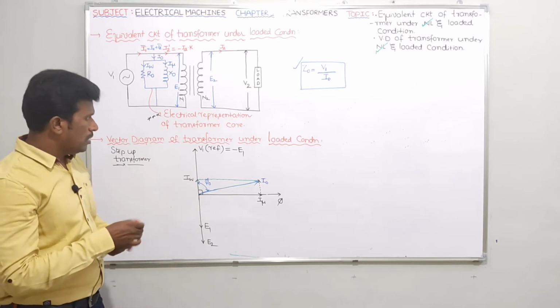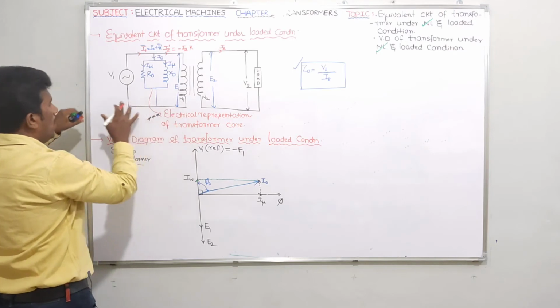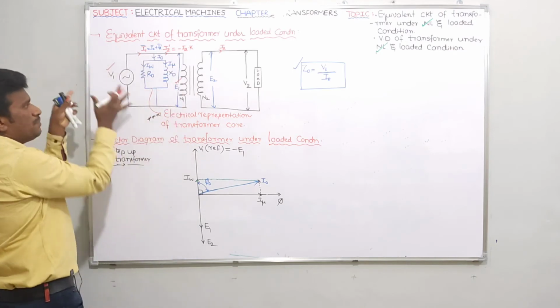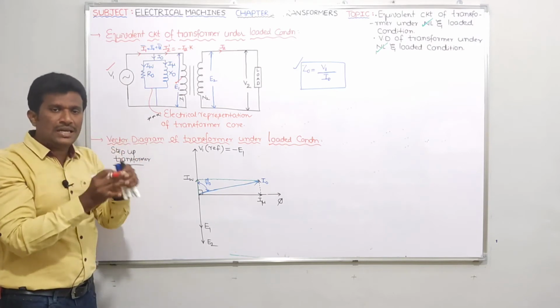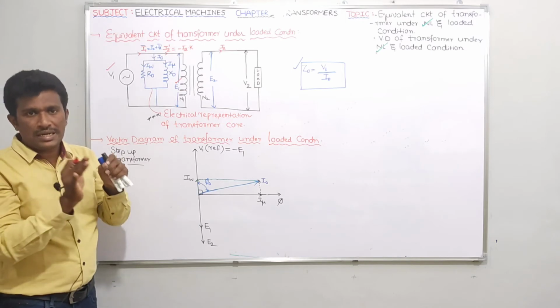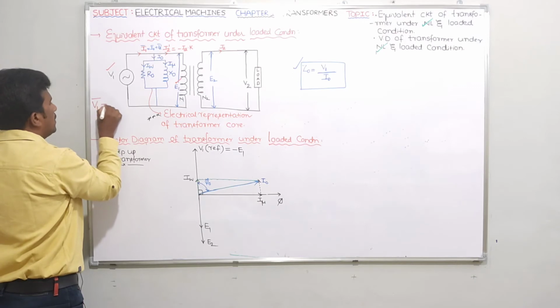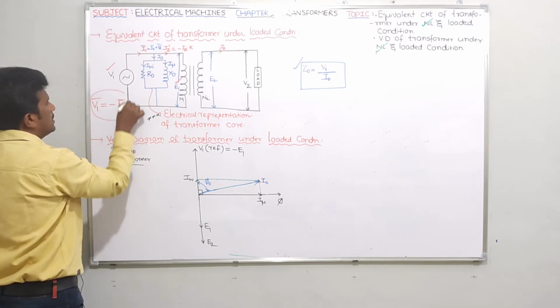Now, guys, please tell me, ideally, what is the relation between V1 and E1 on the primary side? This we already explained clearly in detail in the Lenz law topic. There I wrote, ideally we can write V1 bar equals minus E1 bar on the primary side.